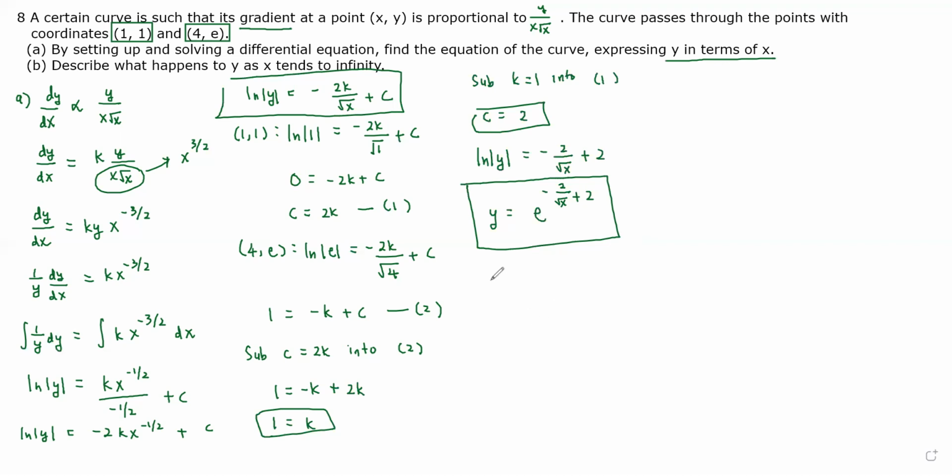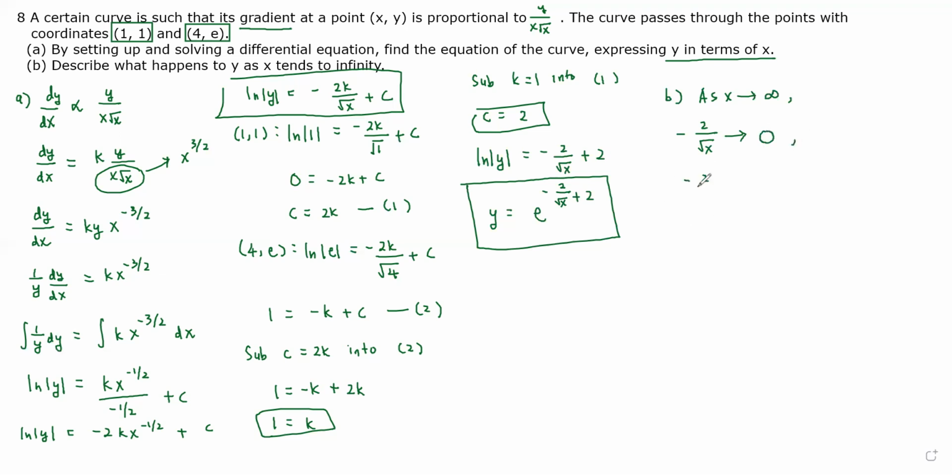Part B: describe what happens to y as x tends to infinity. Now we'll use this equation of the curve, and we see that as x tends to infinity, negative 2 over root x approaches 0.